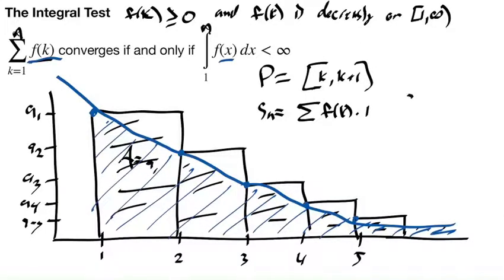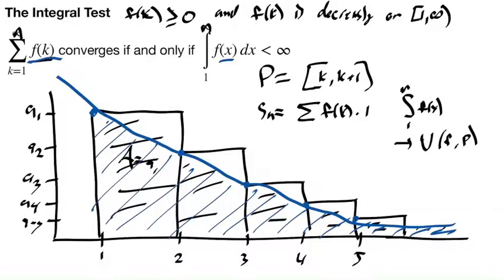But then if I compared my integral, my integral from 1 to n of f of x, well, this is going to be somehow related to that upper and that lower sum over the course of the region. So this is related to the upper sum, which is U of f on that partition.